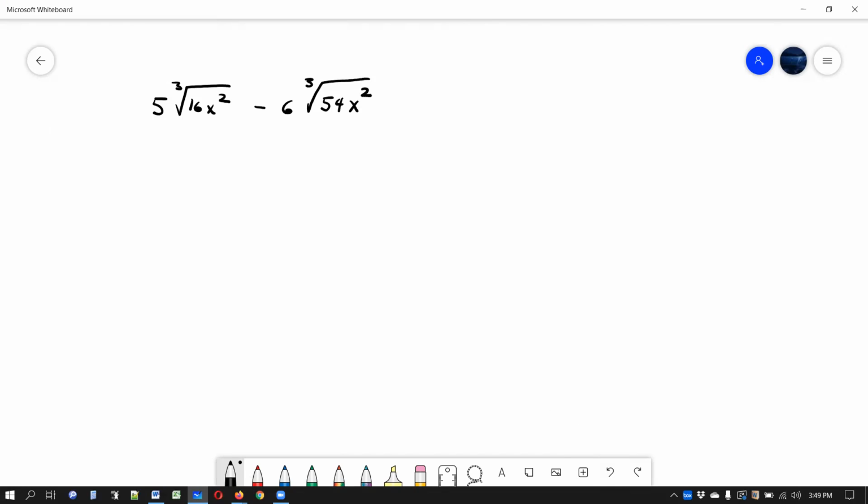Okay. They do not match. We have to make sure that we can do something so that they do match. So I am going to rewrite this as cubic root of 8 times cubic root of 2x squared. Right? So 8 times 2 is 16.